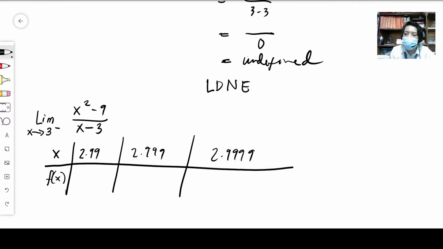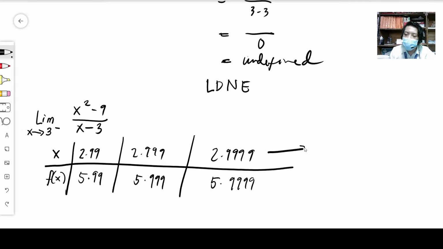Let me write the equation, using my calculator: x squared minus 9 over x minus 3. When x is equal to 2.99, the value of your function is 5.99. When you solve for this one, it is 5.999, and this is also 5.9999.